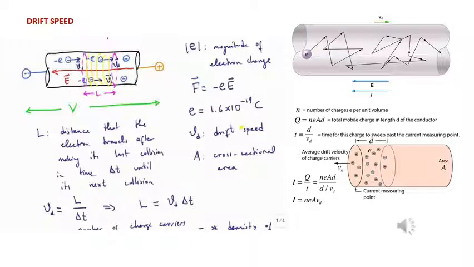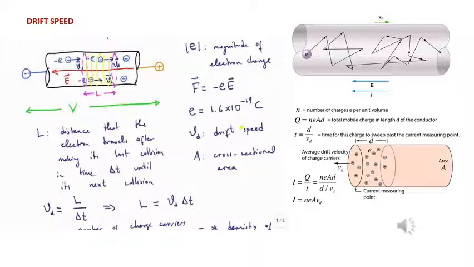Very important thing is that due to random motion, they cannot move straight. They will move in a zigzag motion, and in this zigzag motion, they will collide with the neighboring electrons. So we can say overall drift of electrons is due to continuous collision with the neighboring electrons.